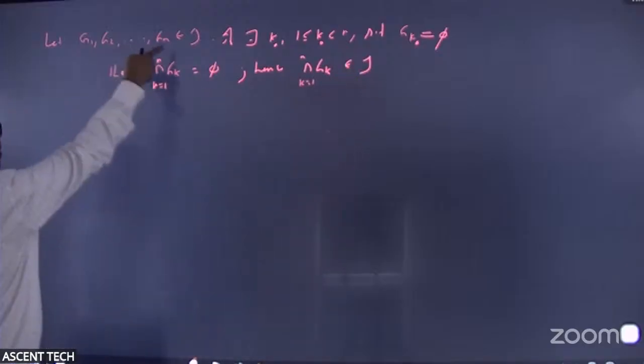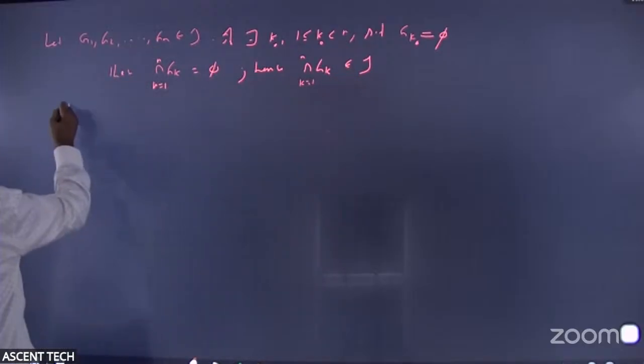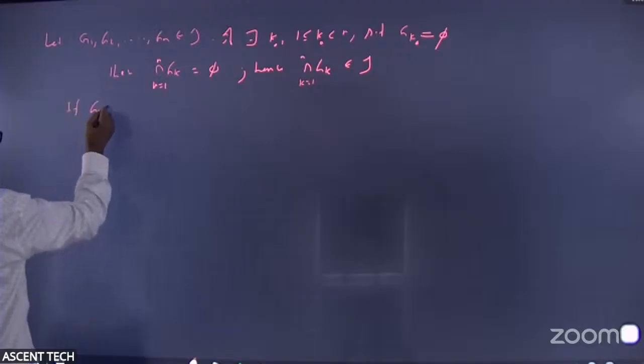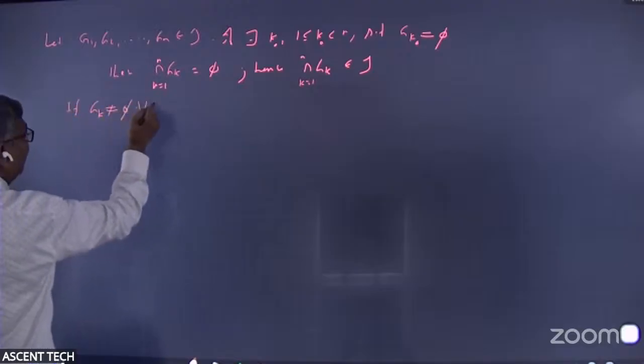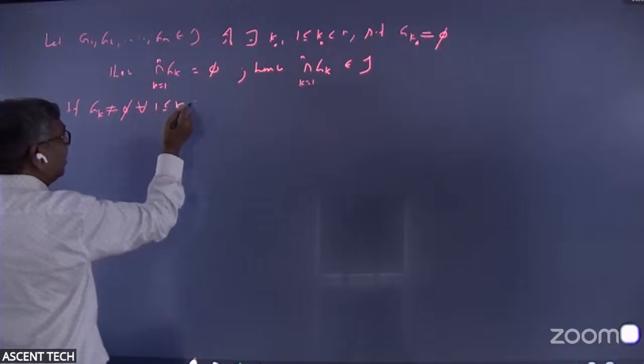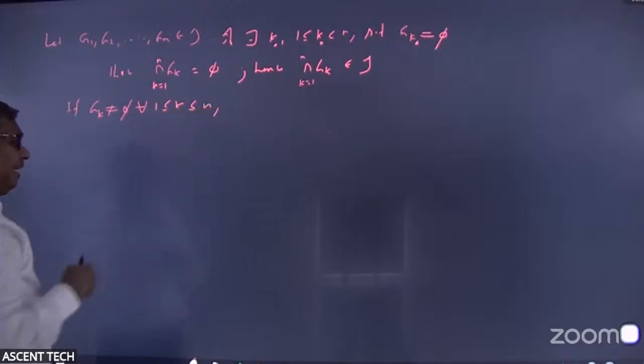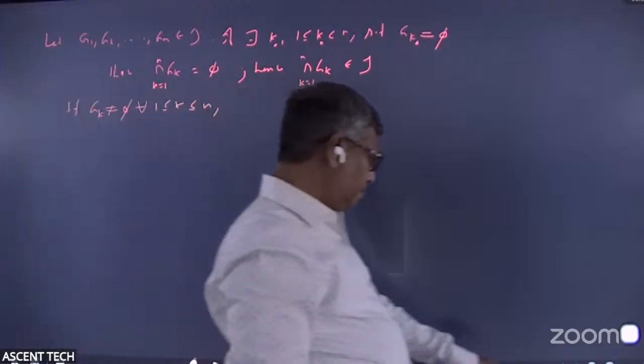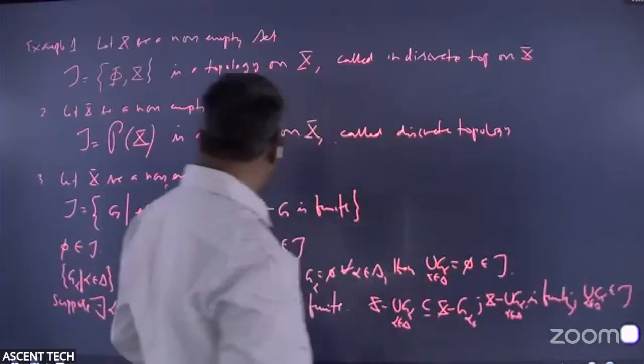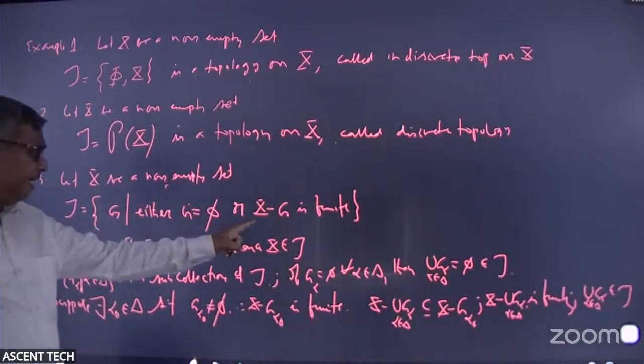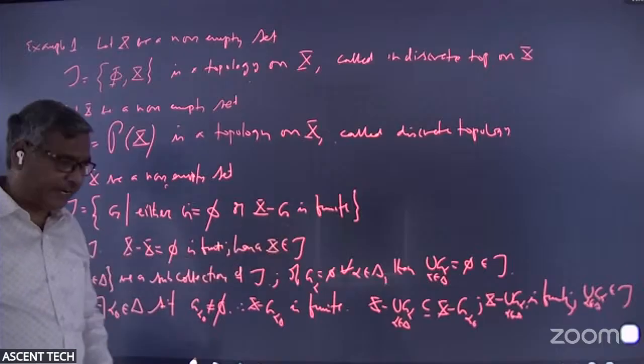But if every one of them is non-empty, what happens? In case GK is non-empty for every K from 1 to N, for a non-empty set to be in T, the requirement is that X minus G is finite.